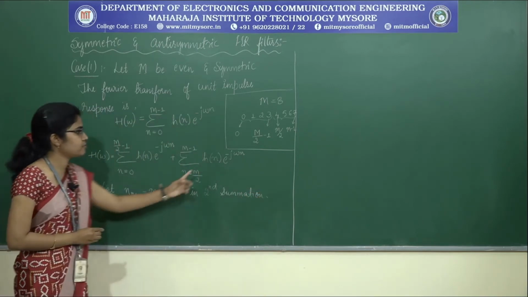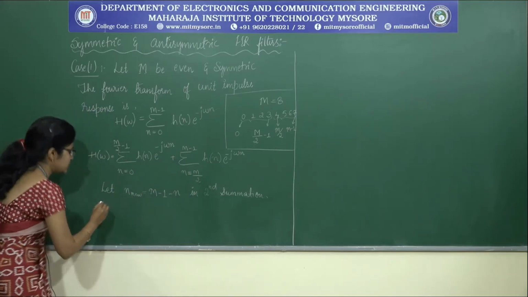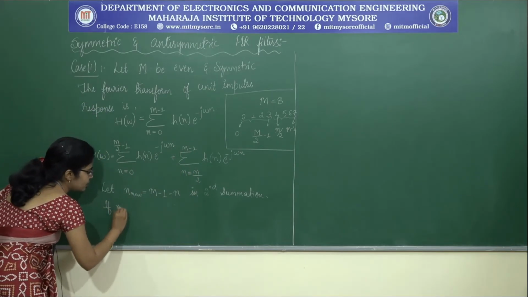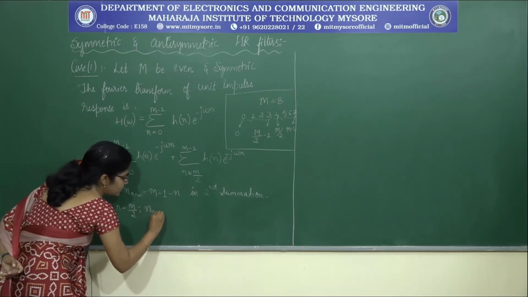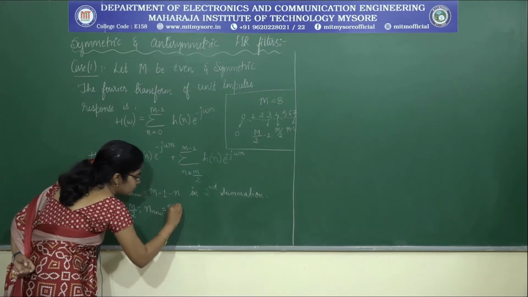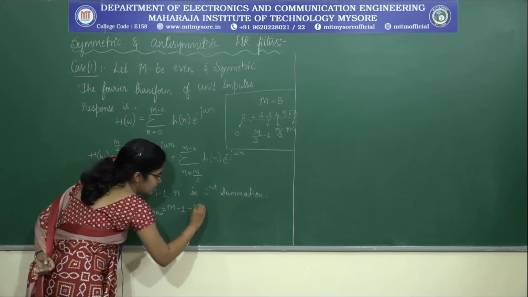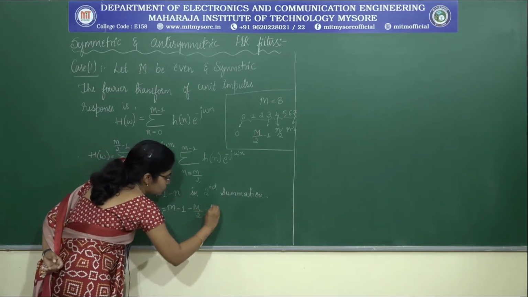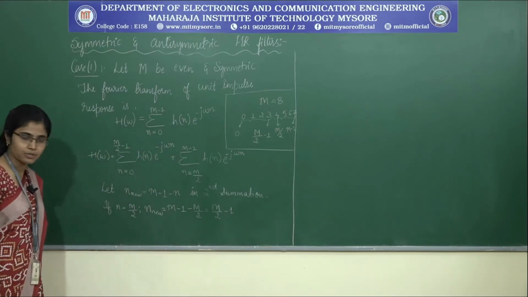If I am changing the value of n, definitely the limits also change. So, if the value of n is equal to m by 2, the new value will be equal to m minus 1 minus, instead of n I need to substitute m by 2. Therefore, the new value will be equal to m by 2 minus 1.